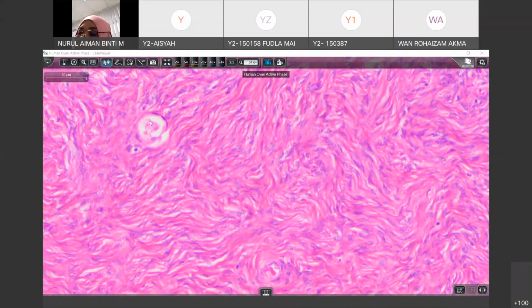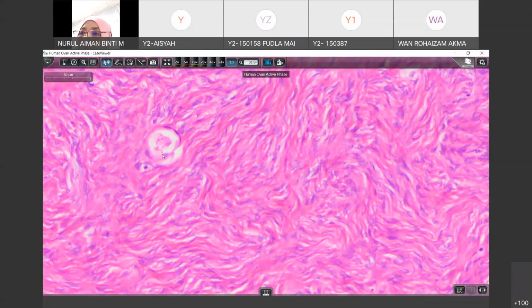So the oocyte is in the middle and the outer part is simple squamous, which is going to line this oocyte. So this is the primordial follicles.